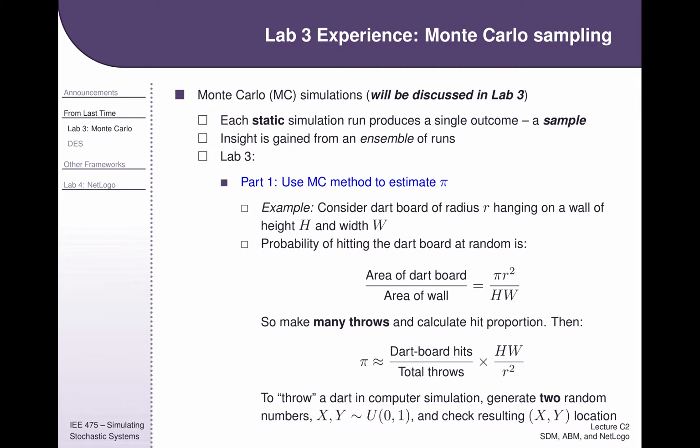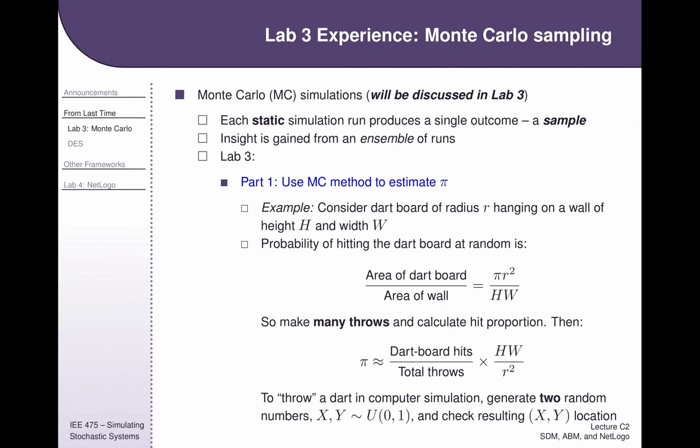Now the area of that dartboard is pi r squared, and if you could manage to throw a dart uniformly anywhere on that wall, so you weren't actually aiming for the dartboard, you just randomly threw the dart, and if you could guarantee that it would land in a uniform horizontal and a uniform vertical position on the wall, then it turns out that the probability of you hitting that dartboard would be just the area of the dartboard divided by the area of the wall. So pi r squared divided by hw.